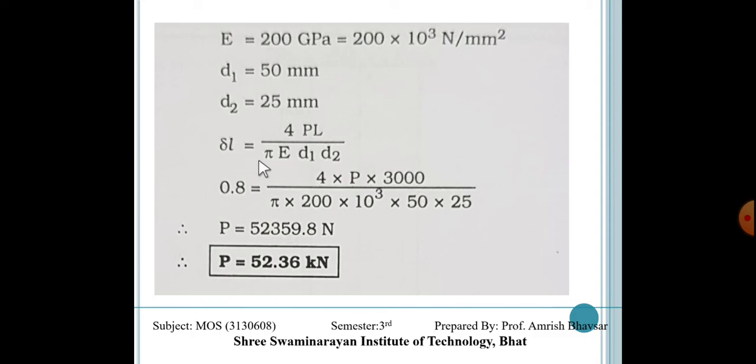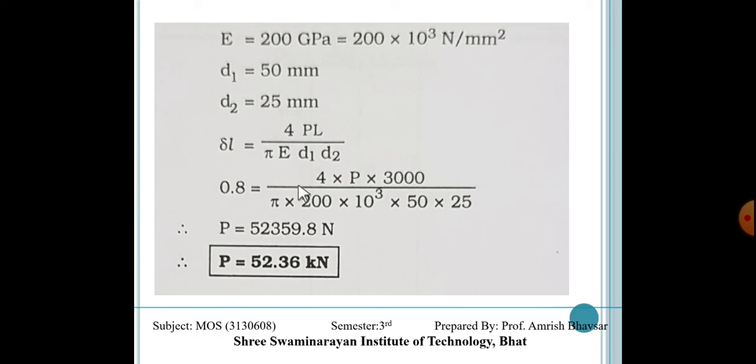So we are going to use the equation delta L is equal to 4 PL upon pi E D1 D2, and delta L is equal to 0.8 over here. So 4 into P, that we have to find out, into 3000 is length, pi value we have, E 200 into 10 raised to 3 into D1 into D2.